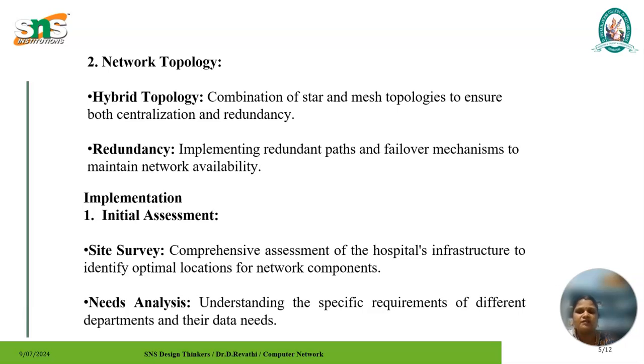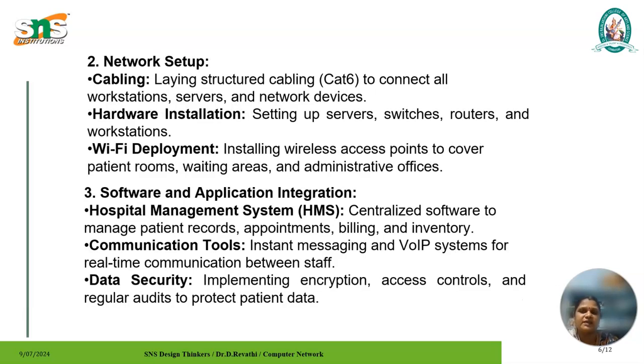First of all, they assessed the site survey, that is their infrastructure, and what the optimal locations for network components were. They analyzed the requirements of different departments and their data needs. Then they set up the network, that is cabling.